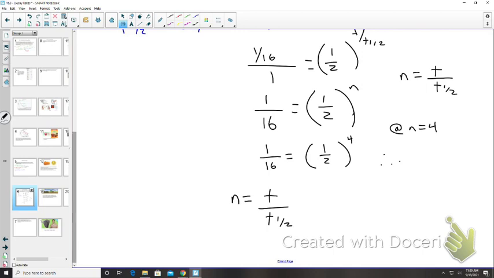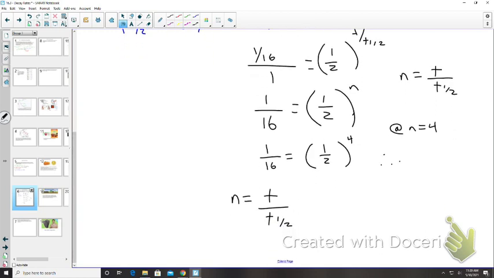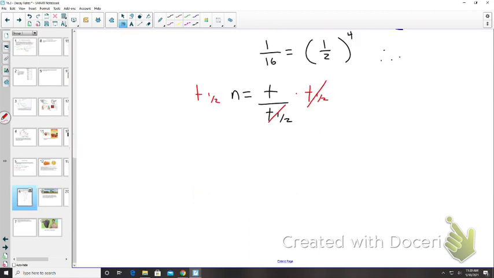And we know our half-life is 3 times 10 to the 5 years. So let's solve for T here. Multiply both sides by T half, and then we'll be left with T. So T is equal to my half-life, which is 3 times 10 to the 5 years, multiplied by N, which is 4.